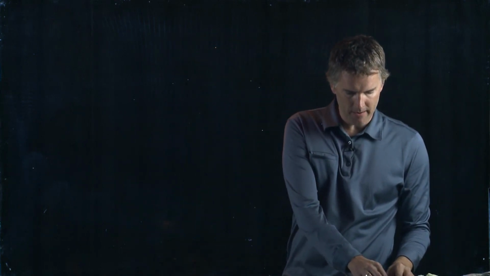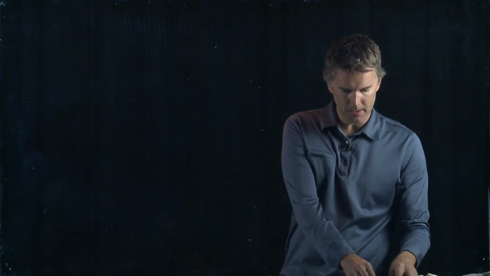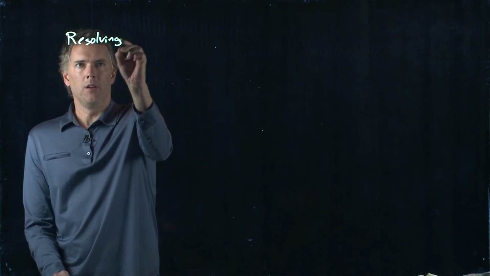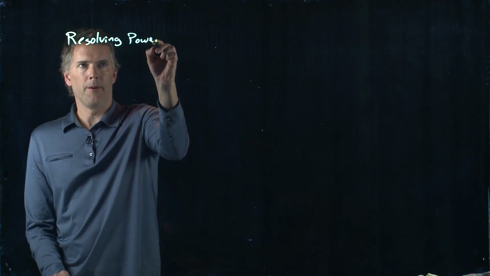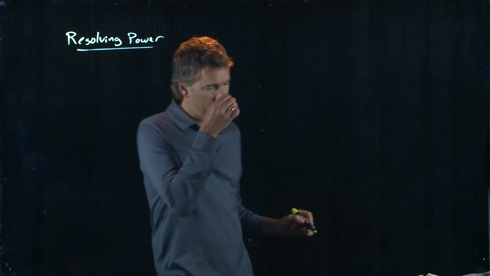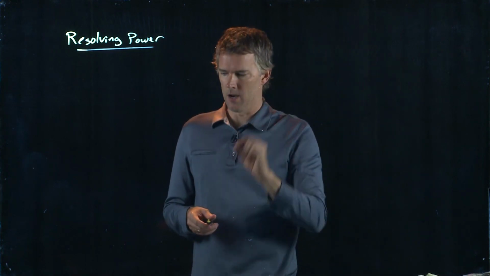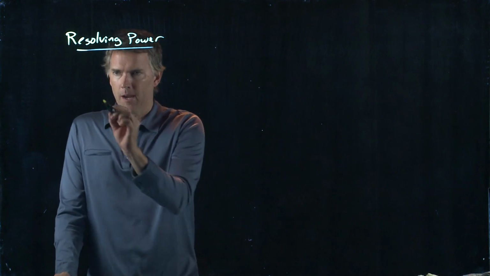Okay, why do you care about this stuff? Let me tell you why you should care about this stuff. It relates to something called resolving power. Resolving power means the ability to resolve two different objects. So let's say we have the following.